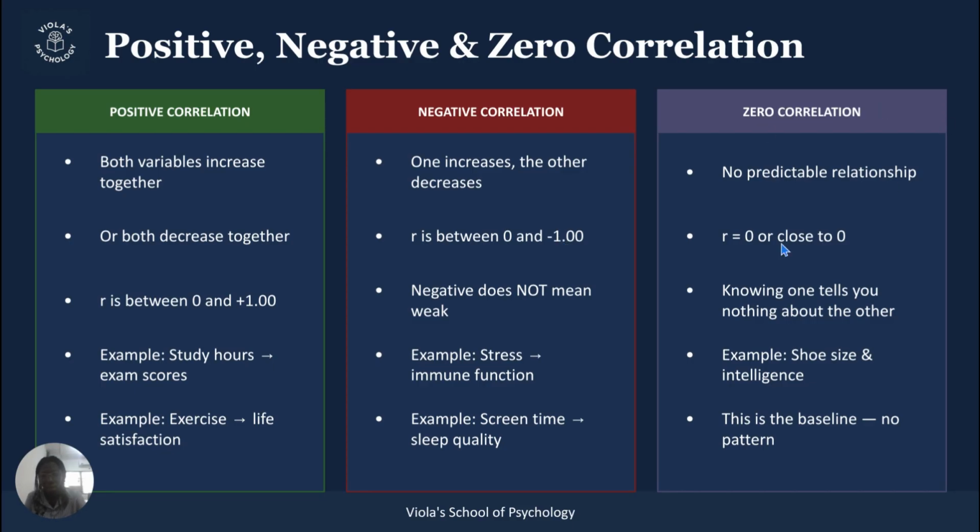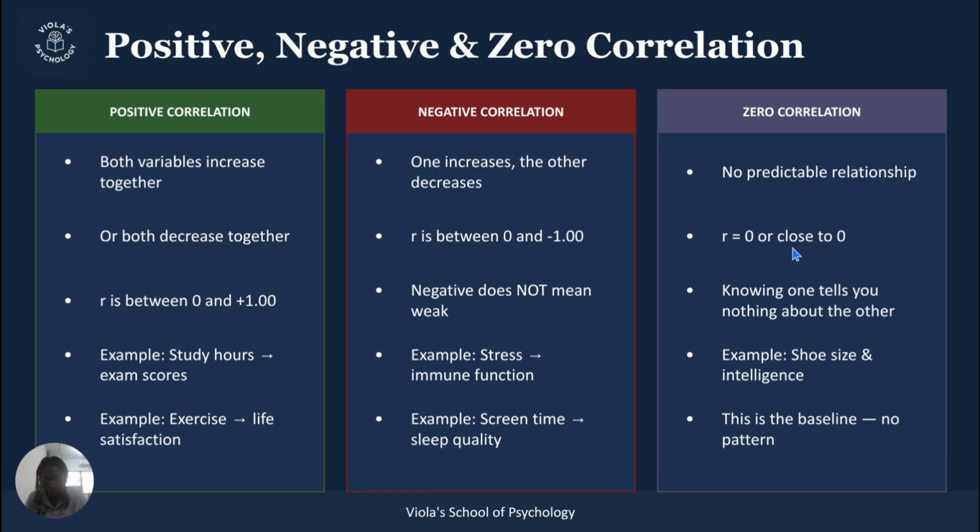Also, in the right column we have another type of correlation, which is zero correlation. This is where there is no predictable relationship at all between one variable and another. For example, shoe size and intelligence. There is actually no correlation between shoe size and intelligence.